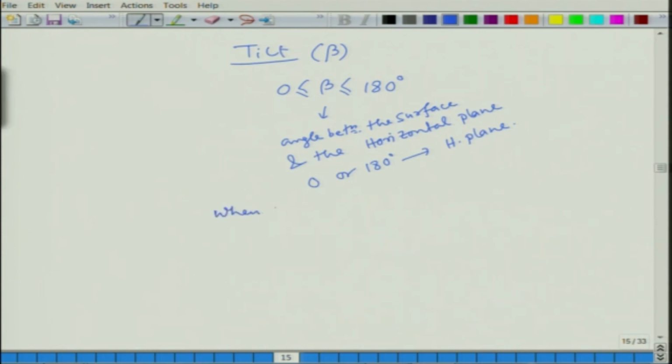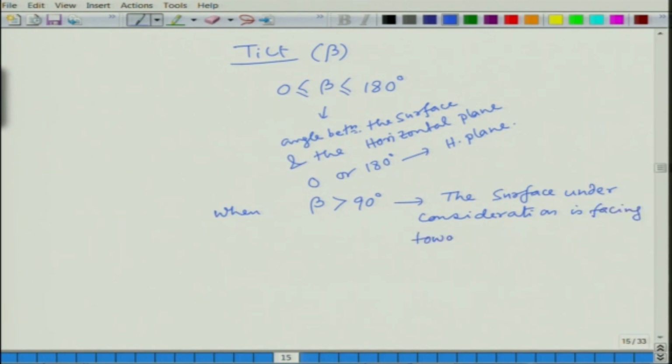When beta is greater than 90 degrees, it means the surface under consideration is facing towards the ground. That does not make much sense, because we want the collector surface to face the sun, not the ground.